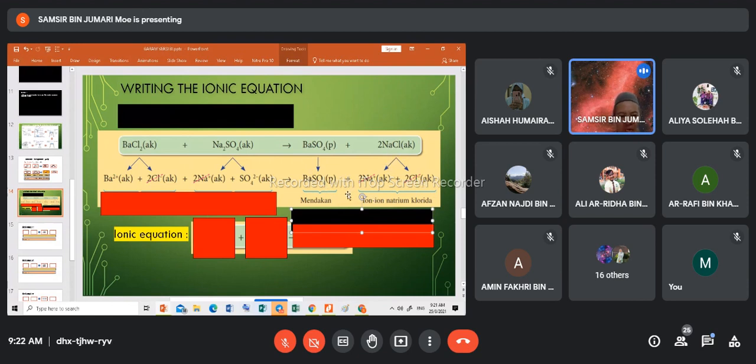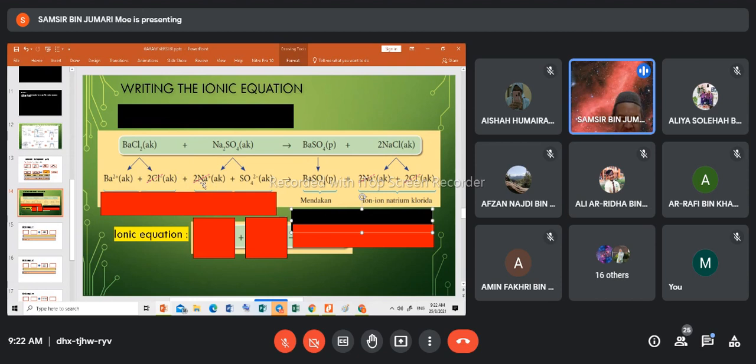So any ion that does not change, maybe it's physical changes from aqueous to solid, or from aqueous to maybe gas, you just cancel the ion.